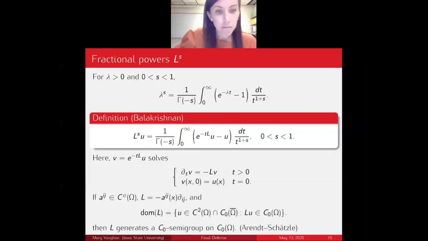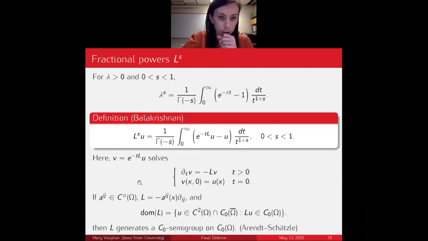In our setting, if we take our coefficients aij to be Hölder continuous, our operator L to be our non-divergence form operator, and our domain to be the set of C2 functions that are continuous up to the boundary and 0 on the boundary, such that L of u is continuous and 0 on the boundary, then Arendt and Batty showed that L generates a C0 semigroup, which means that we're able to solve a heat equation, and this formula is well defined.